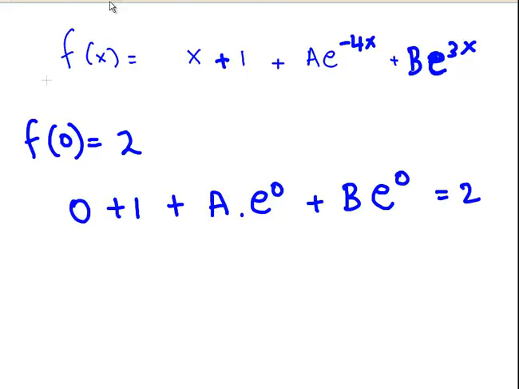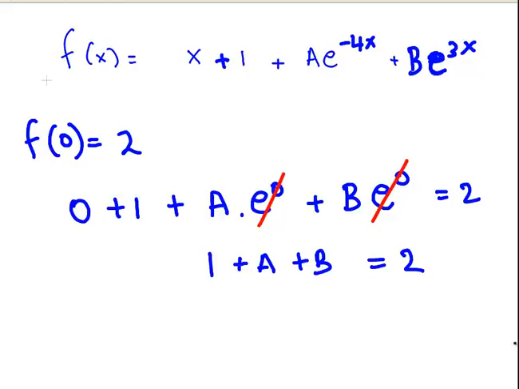Now e to the 0 is simply 1, so that can cancel out. Essentially what we're left with is 1 plus a plus b is equal to 2. And so far so good.